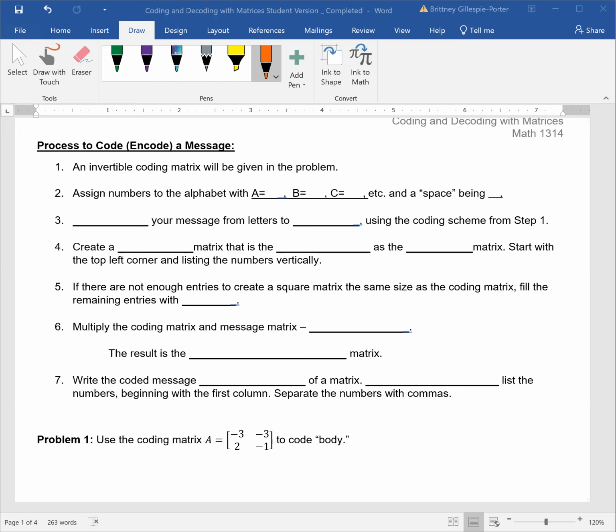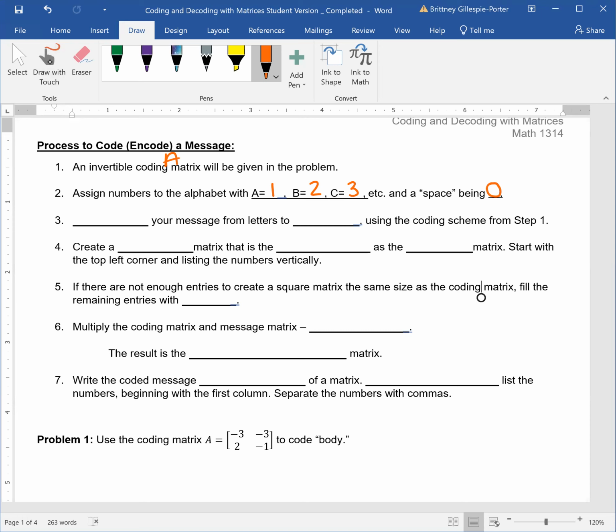Okay. So, process to encode. You're given an invertible coding matrix, so normally called A, and that's given. You need to assign numbers to the alphabet, where A is 1, B is 2, C is 3, etc., until you get through 26, and then your space is going to be 0.